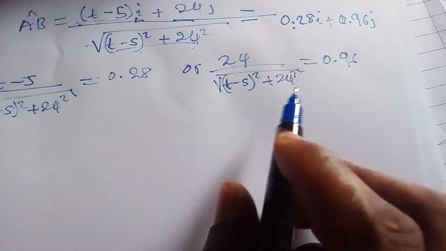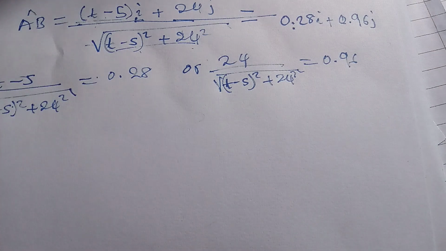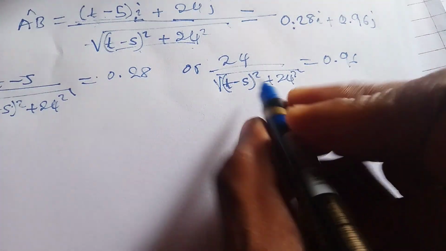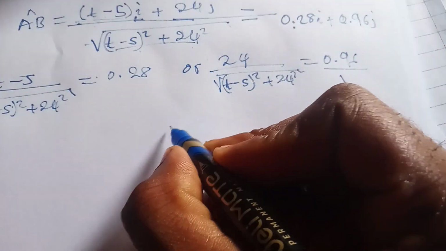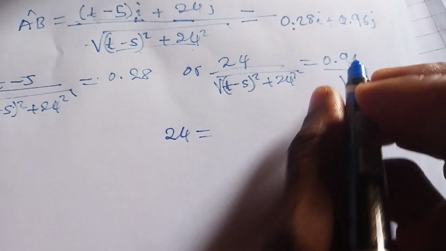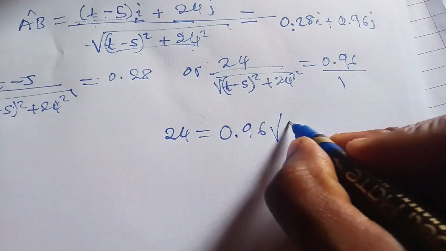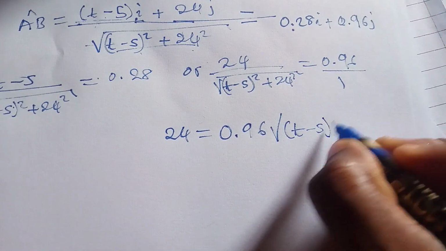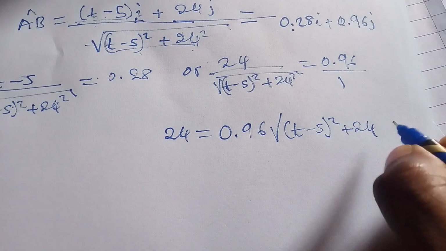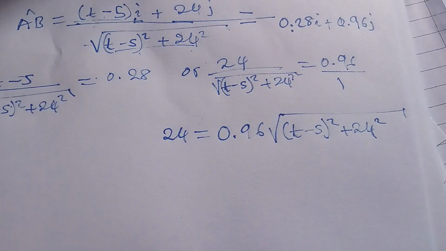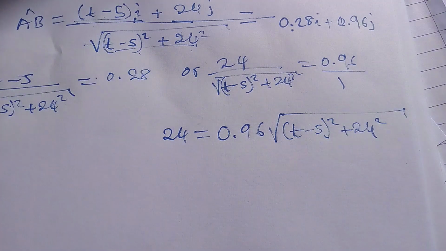So using this one, I can just cross multiply so that we have 24 is equal to 0.96 times the square root of t minus 5 squared plus 24 squared. And then I can divide both sides by 0.96, or I can write this one in fraction form.